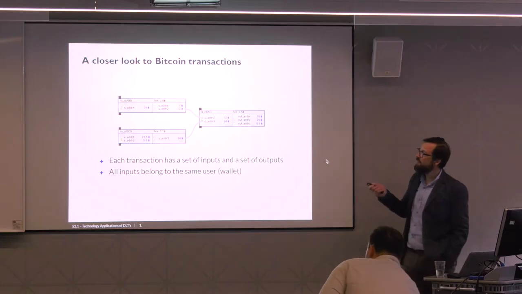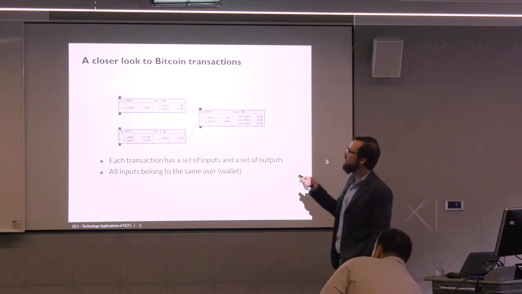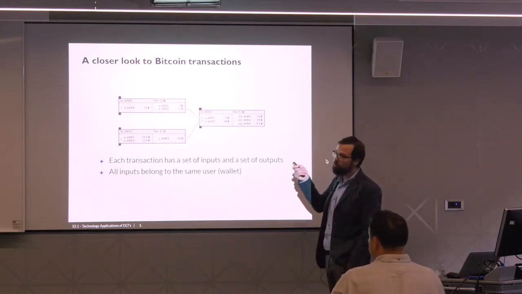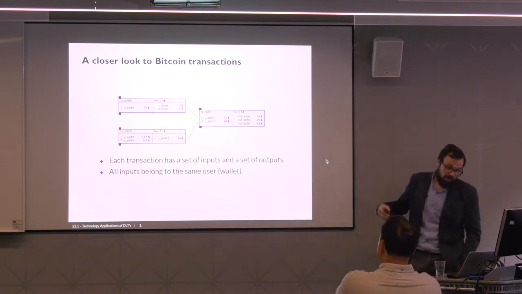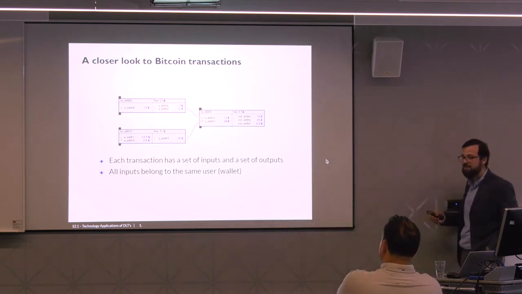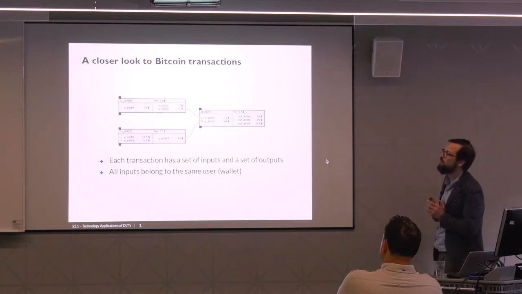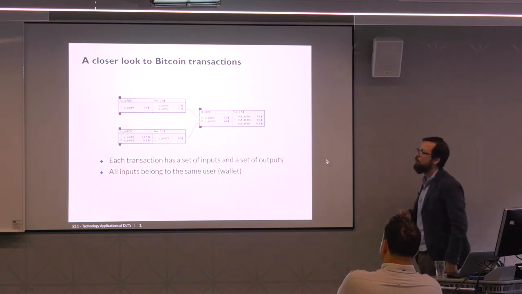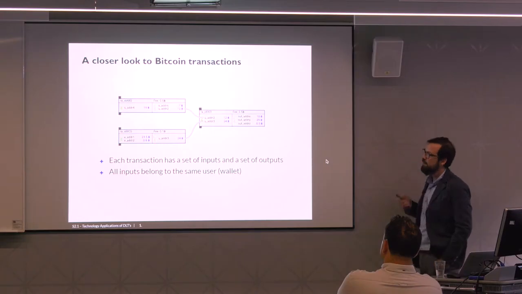Therefore, there is a user that is able to sign at the same time for these two addresses, and the only way that existed technically to do so is if you had the private keys of the two addresses at the same time, which means that you are the same user.